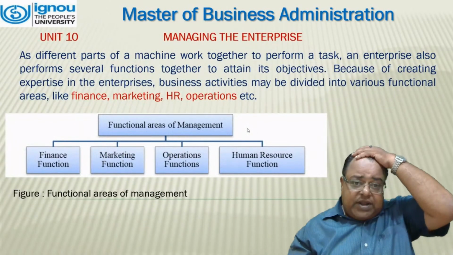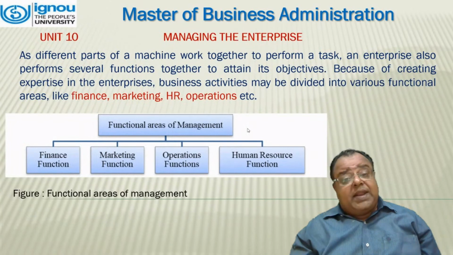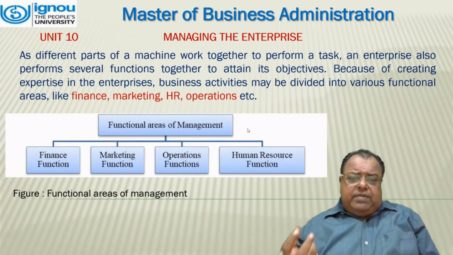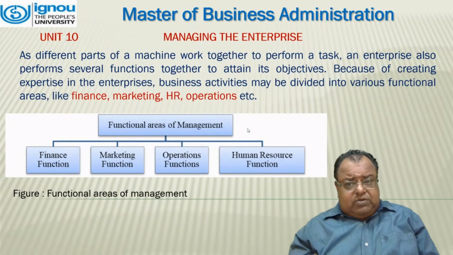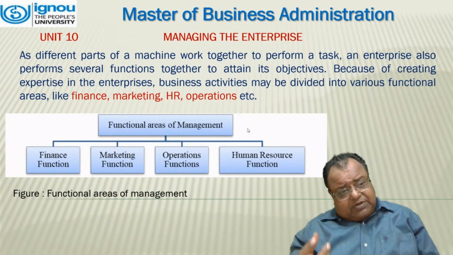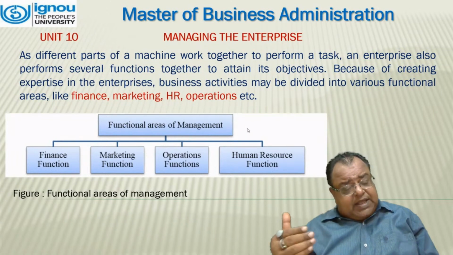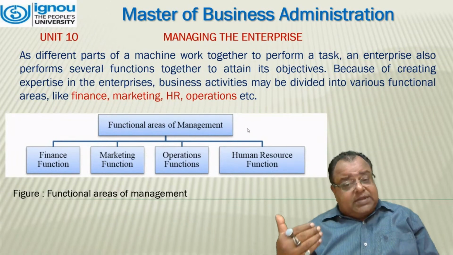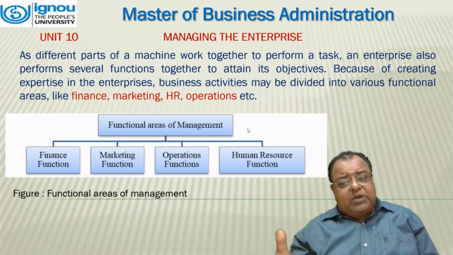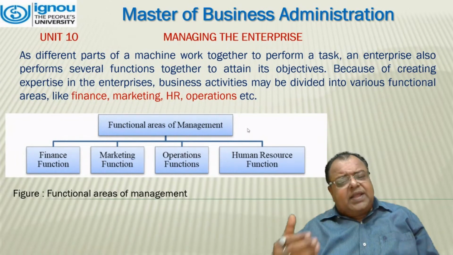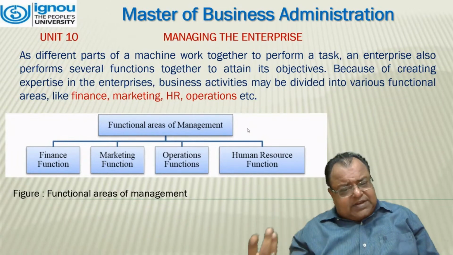Now we move to Unit 10, that is, managing the enterprise. As different parts of a machine work together to perform a task, an enterprise also performs several functions together to attain its objectives. Business activity may be divided into various functional areas like finance, marketing, operations, and HR.